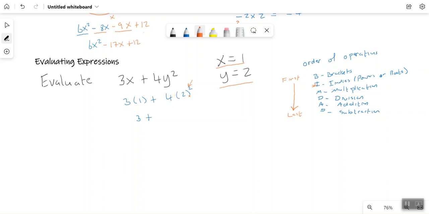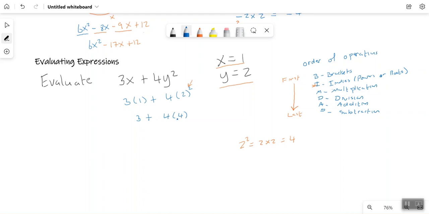So again, what's 2 to the power of 2? That means 2 multiplied by 2, and that's equal to 4. So it's 3 plus 4 times 4.